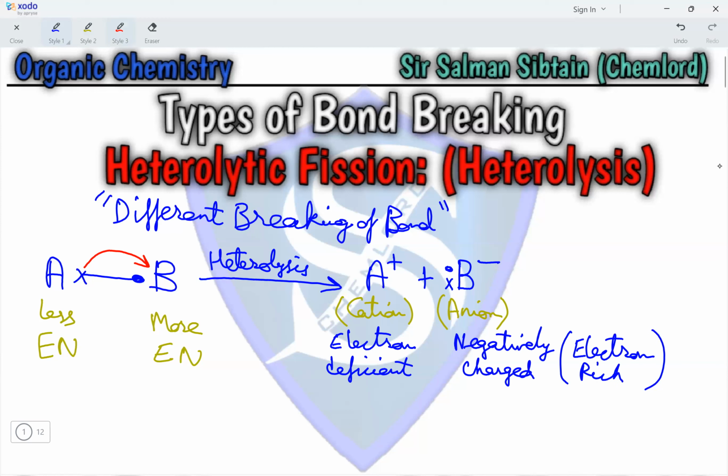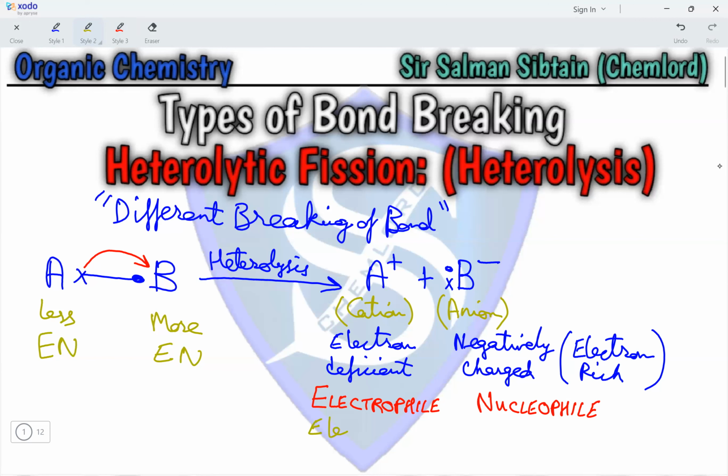Now the electron deficient species in organic chemistry is called an electrophile, and an electron rich species in organic chemistry is referred to as a nucleophile.